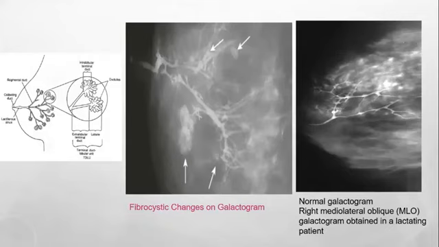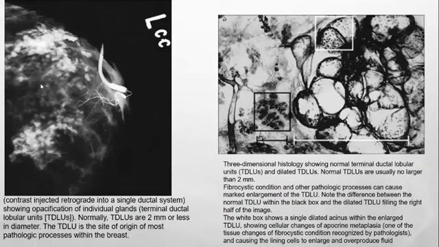It represents a normal terminal duct lobular unit, while in the other examples, look how the terminal duct lobular unit is dilated in a case of fibrocystic disease. And here, this is normal, but there are numerous terminal duct lobular units.